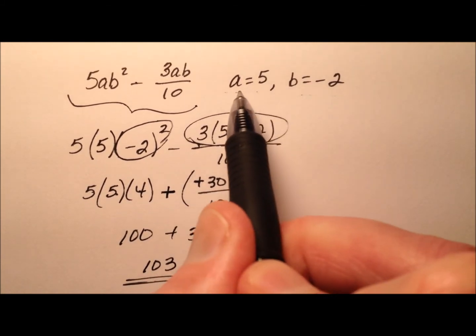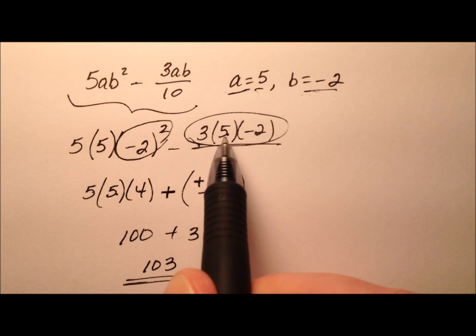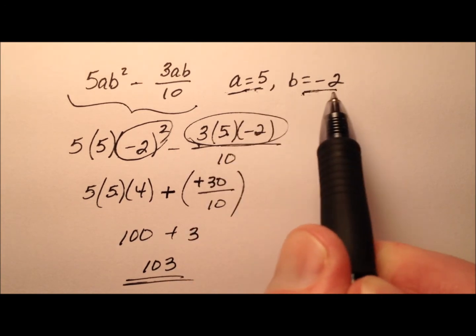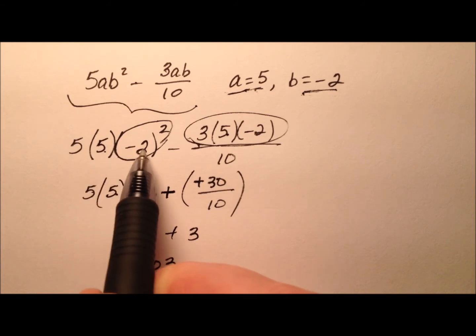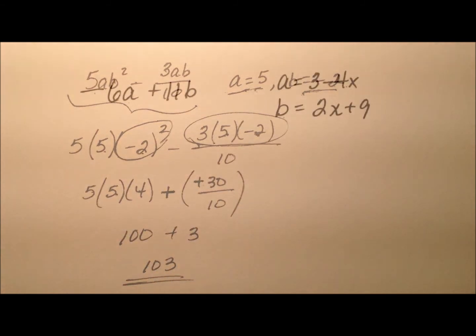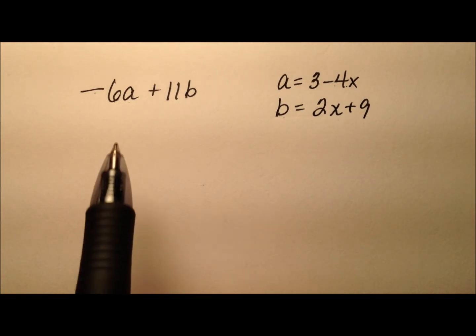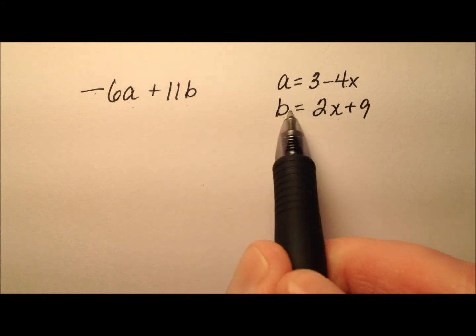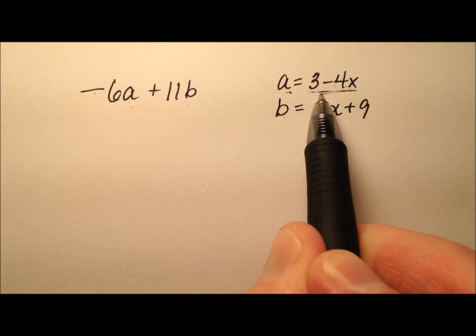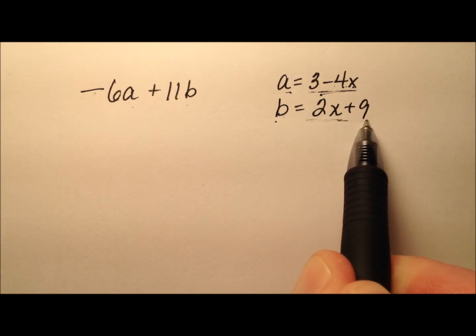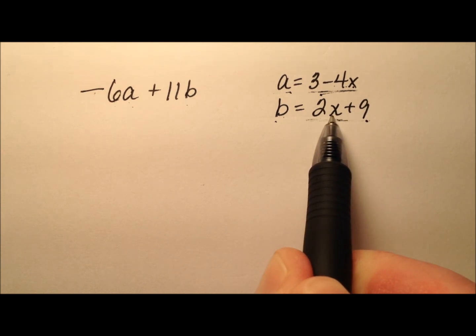All right, so once again, the big takeaway. When you substitute values, whether they're numeric in nature or whether they are variables, you will always use parentheses in that substitution process. In this second example, we have this expression, negative 6a plus 11b, and we know that a equals this expression that contains a variable x, and b equals this expression, again, that contains the variable x.